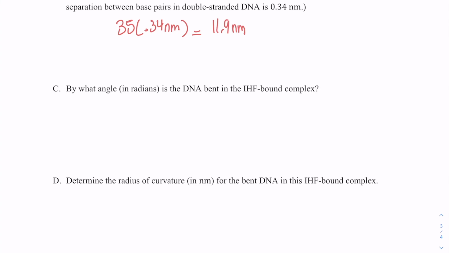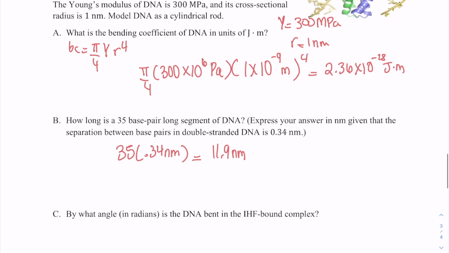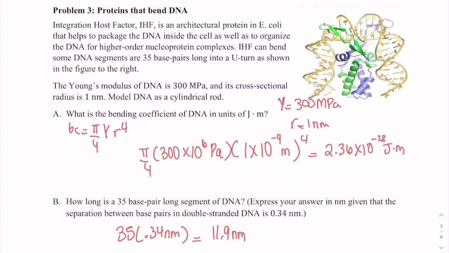Doesn't the diameter also take up space in the DNA? So I guess what you're saying is, oh, I see what you mean. If you have this double helix here, right? So the distance between these two base pairs, you mean?